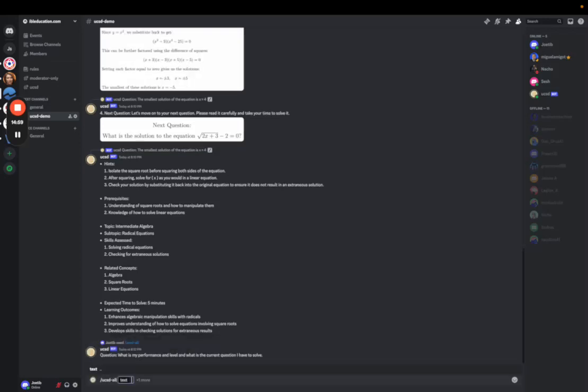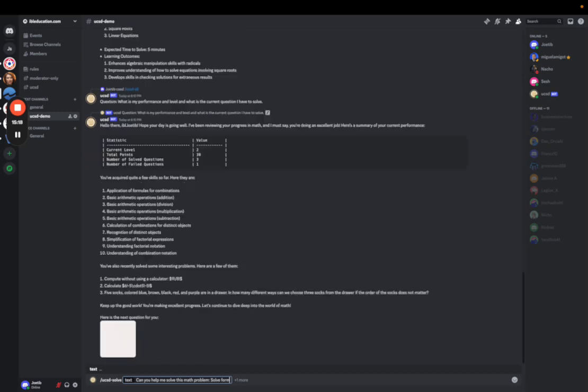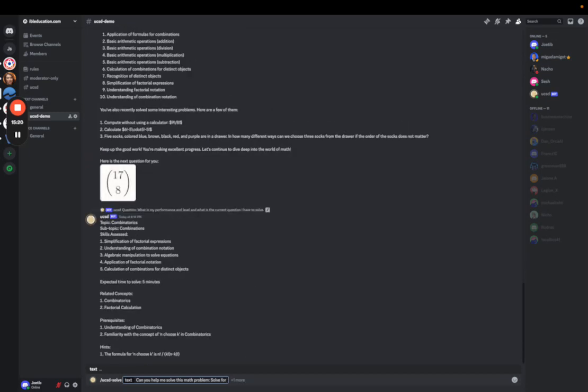Okay, so let's try that. This here is the solve. Can you help me solve this math problem? Solve for x. I'm just giving out something straightforward in my head.